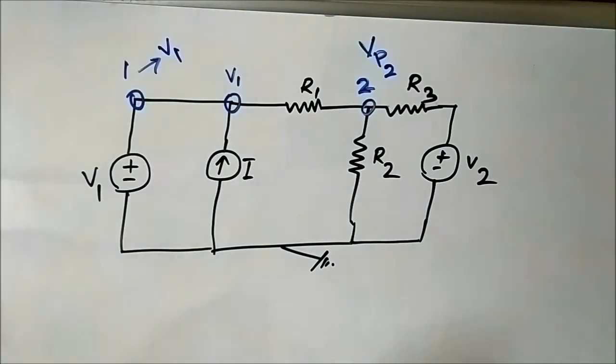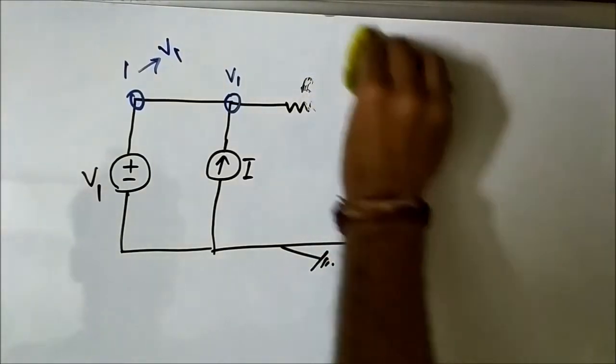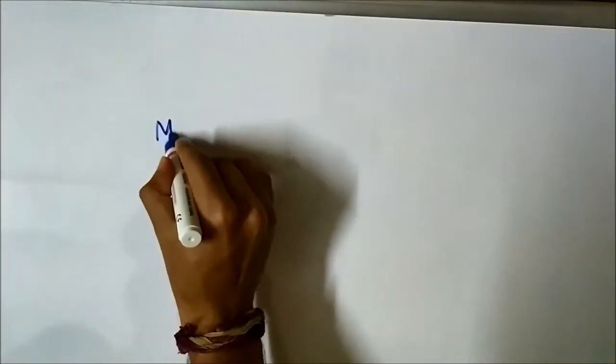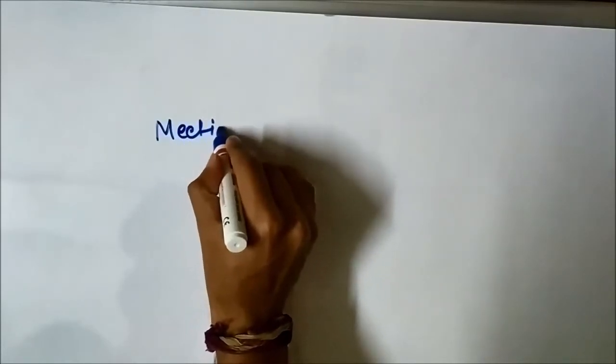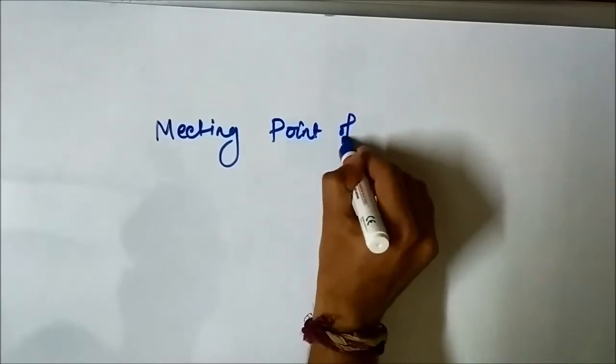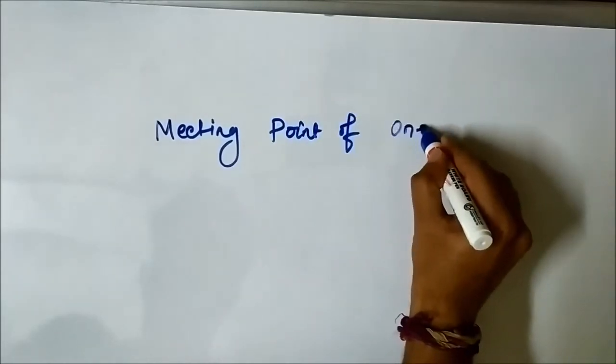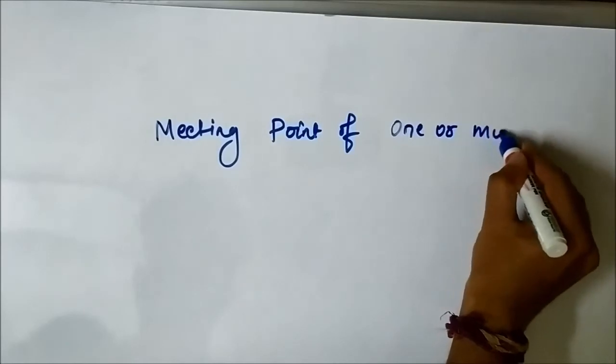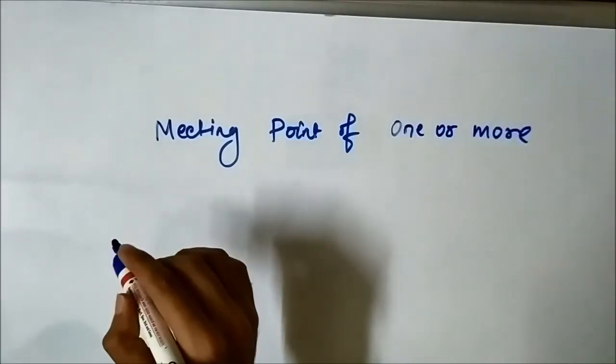Okay. Now coming to the question of nodes. The definition of a node. How can we define a node? A node is a meeting point of two or more circuit elements.